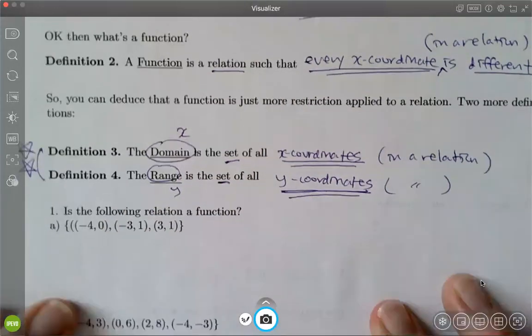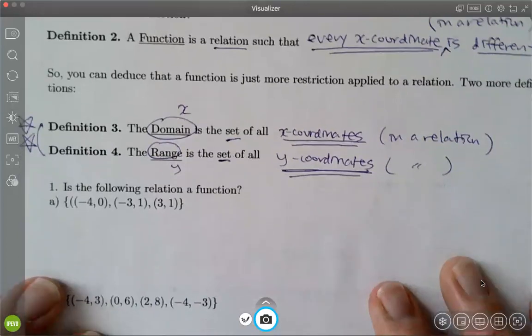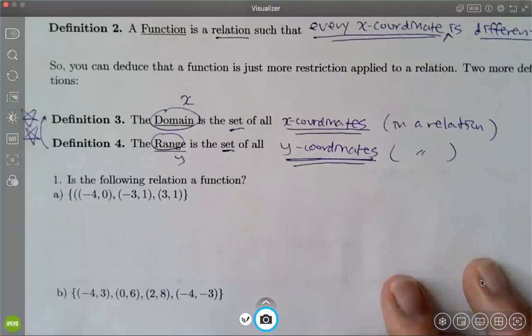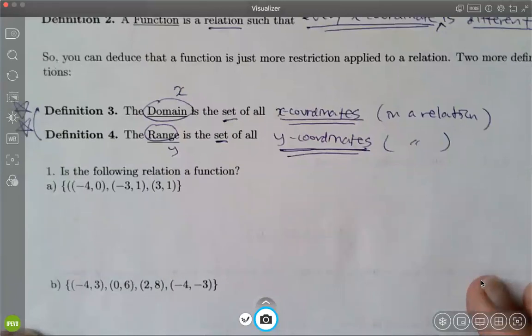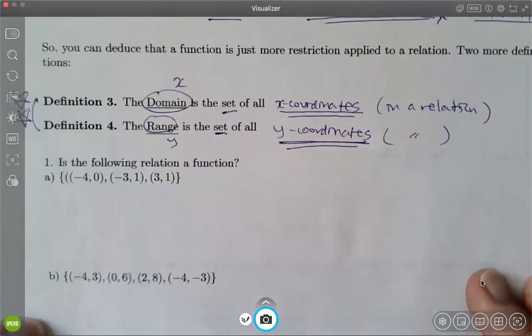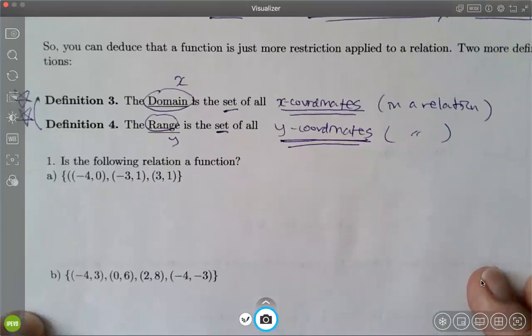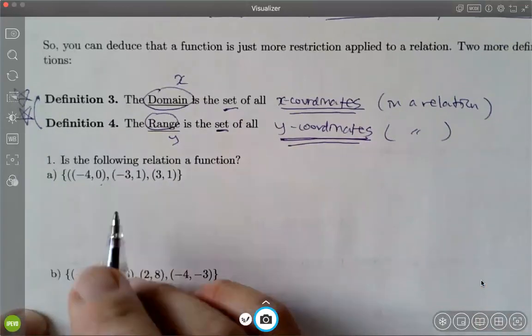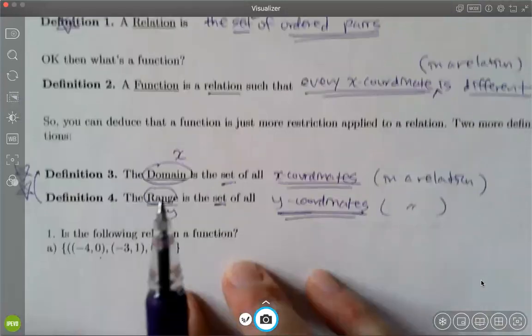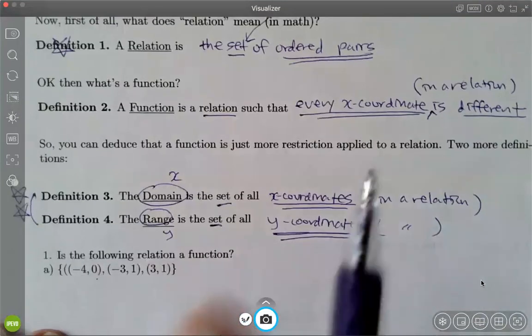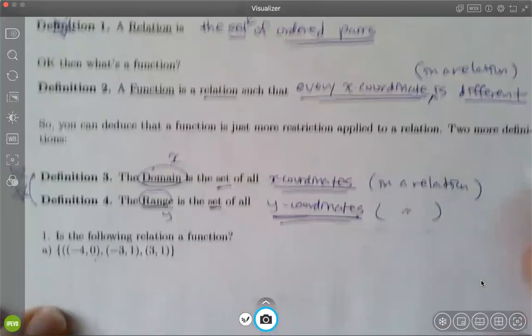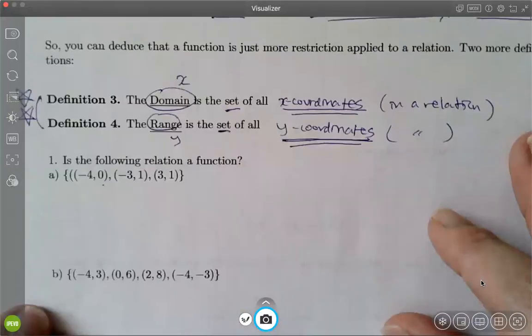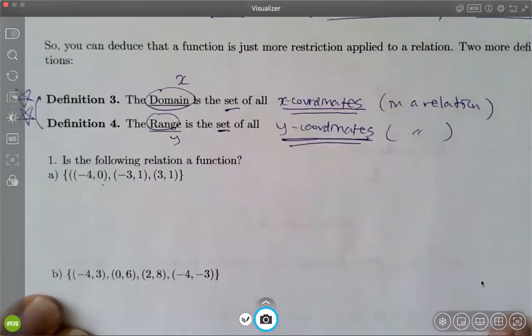Now, let's look at these two problems. Is the following relation a function as well? And here you see this is a relation. Do you see why? Because the relation means a set of points. So here you see three points: (-4, 0), (-3, 1), and (3, 1).